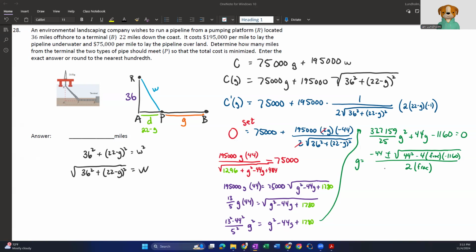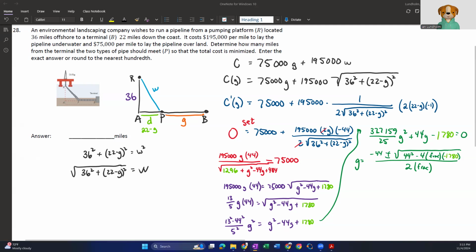Okay, so this one ended up being 1,780, and this ends up being negative 1,780. Is this big enough to make a difference?